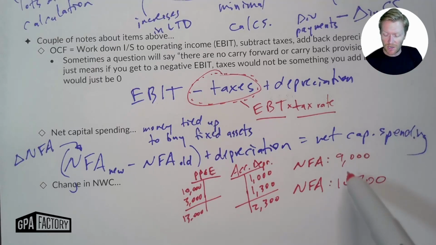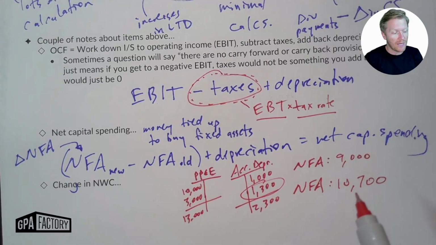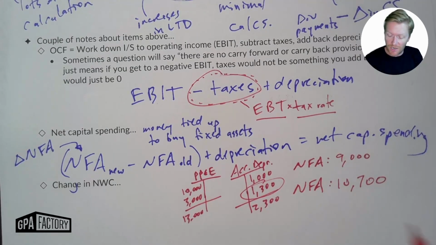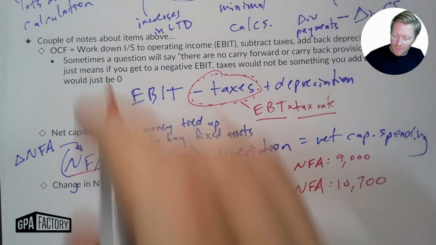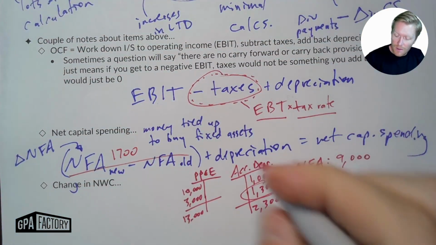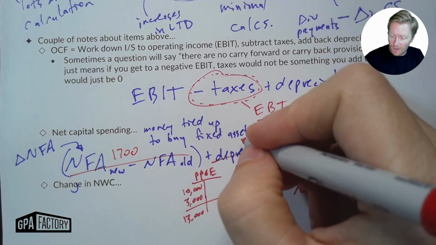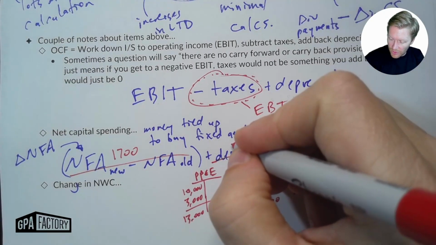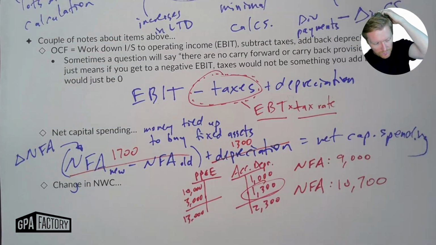It's actually 1,700 plus this depreciation expense for just this year. So this is the 1,700, but we have to add back depreciation because that actually wasn't a cash amount.